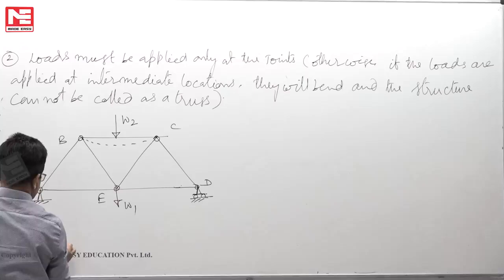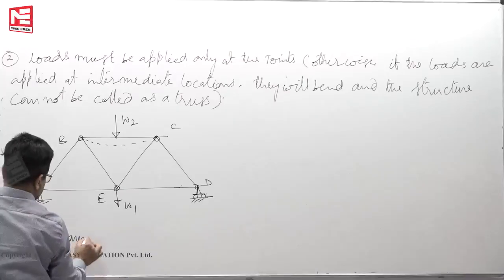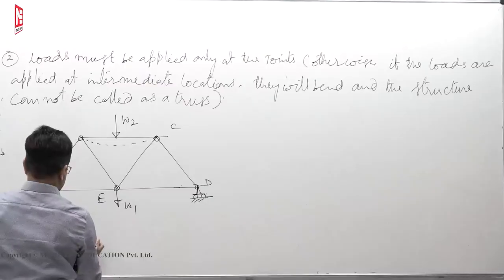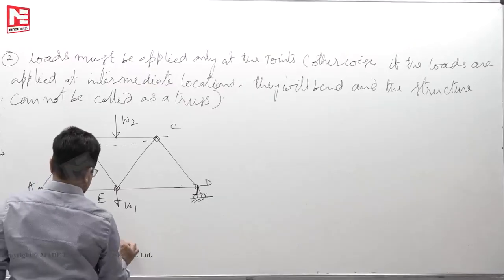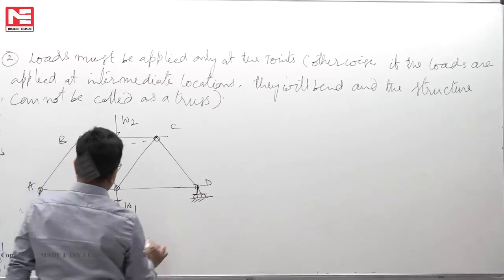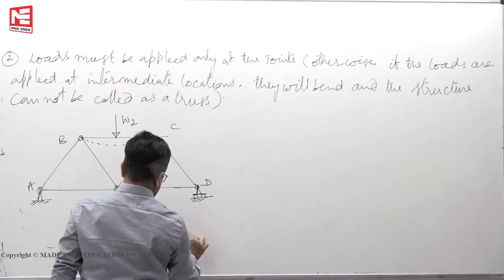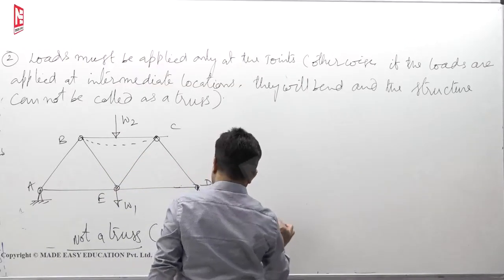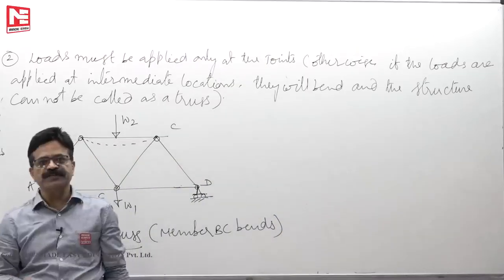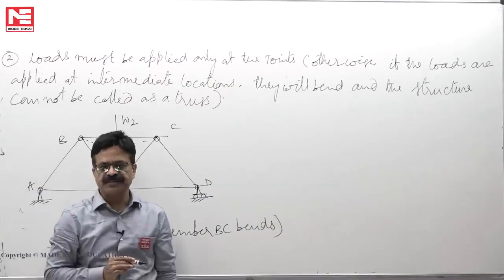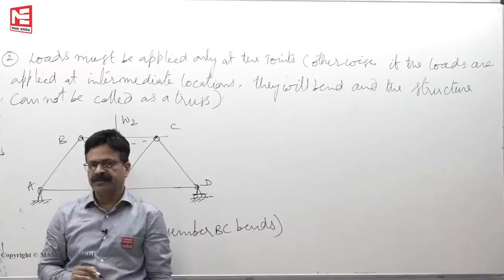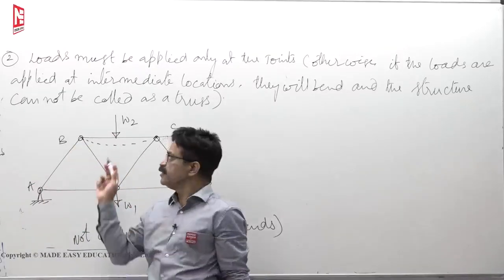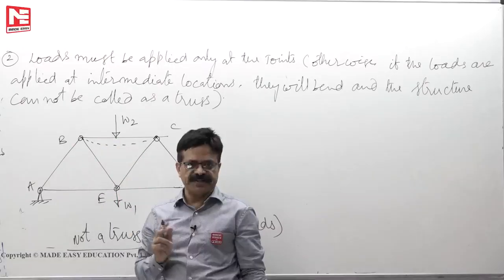So, this becomes a frame, not a truss, we can say. It's not a truss because member BC bends. BC bends because of intermediate location of loading point. So, there should not be any intermediate location loading. Loads must be only at the joints.